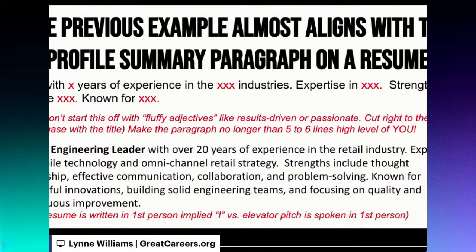So: title with X years of experience in the whatever industries, expertise in, strengths include, known for. You don't want to start off with fluffy adjectives like results oriented, passionate, blah, blah, blah. You want to get right to the chase and put the title and role of what you are looking for. So here's an example down below.